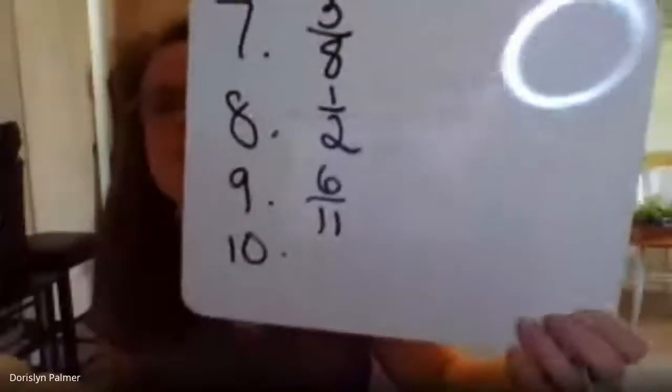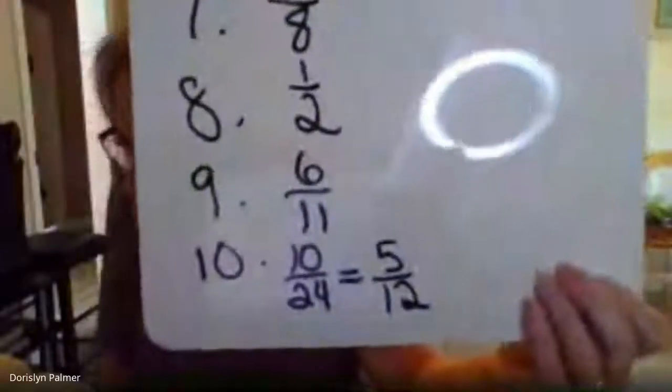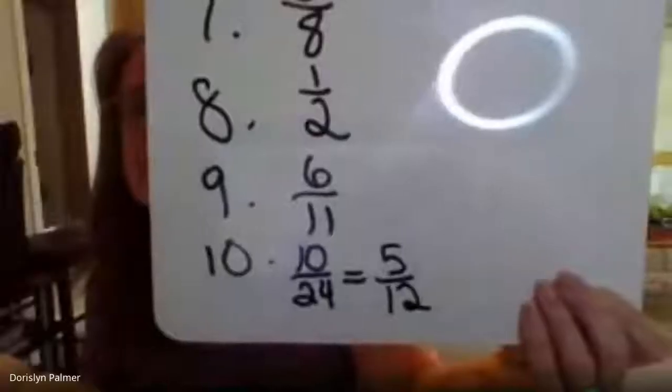Good. Let's reduce that, Lily. You could divide those both by 2. All right, so go ahead and do that. So 5/12. Very good.